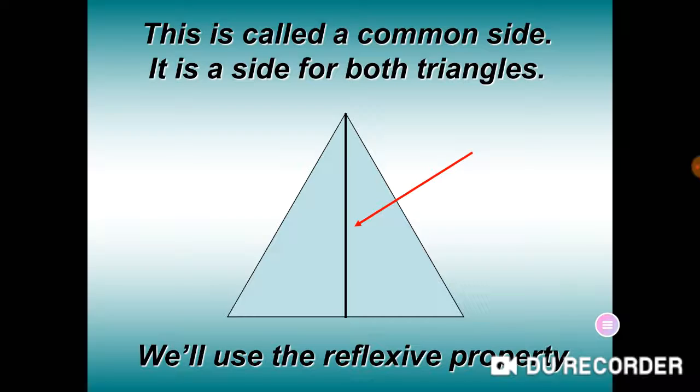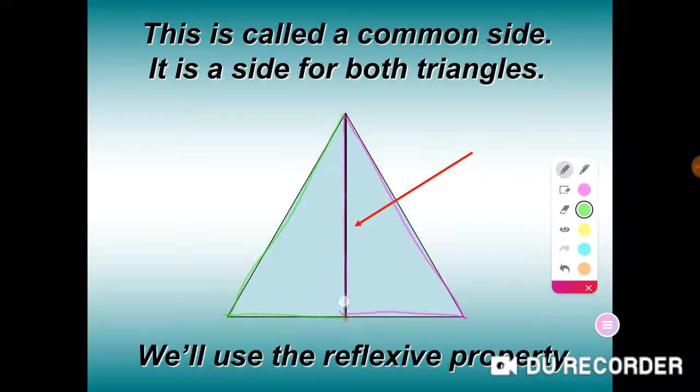Previously, we had 2 separated triangles, but actually now we have one big triangle which is divided into 2 smaller triangles. So we have 2 triangles, this one, and we have another one.